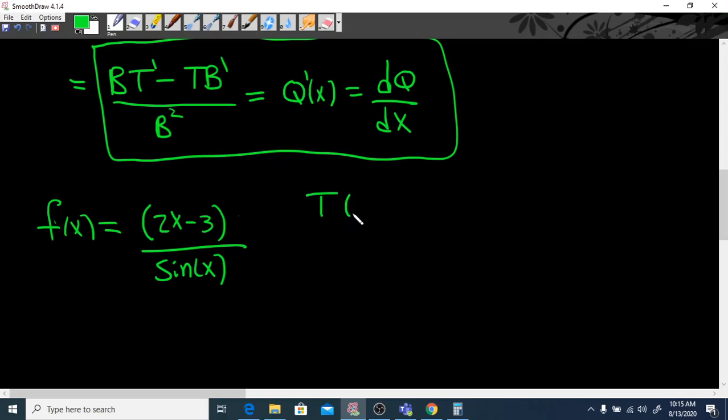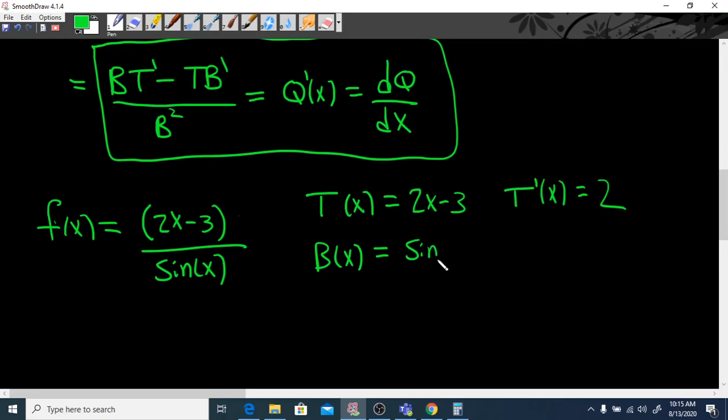My top function is 2x minus 3. The derivative of the top function is just going to be 2. My bottom function is sine of x, and the derivative of the bottom is just going to be cosine x. Now I have every piece that I need, so I'm just going to plug it into the quotient rule formula that we just derived.